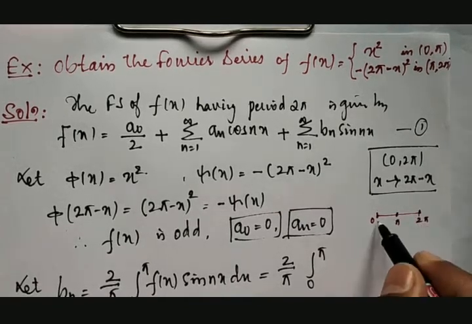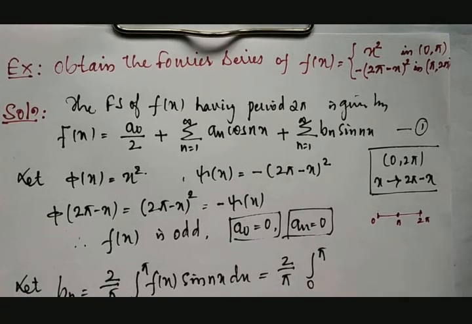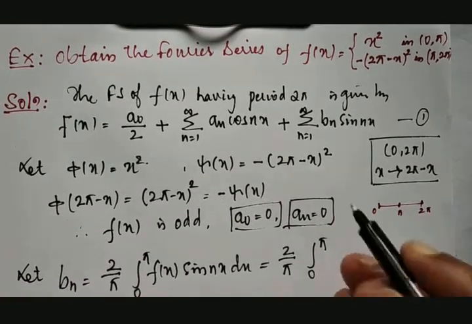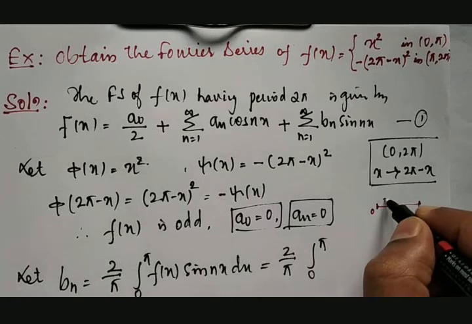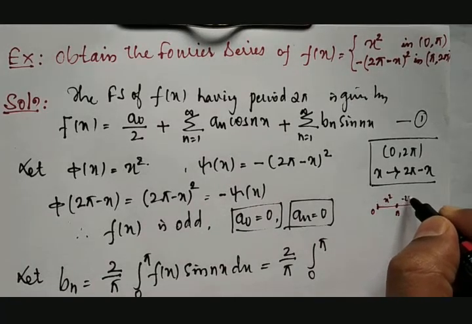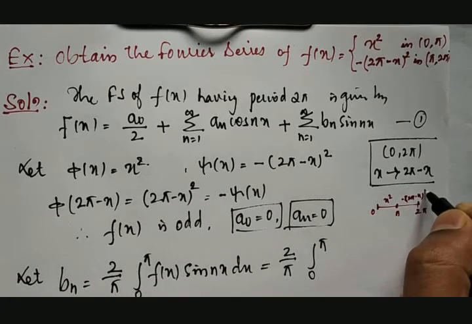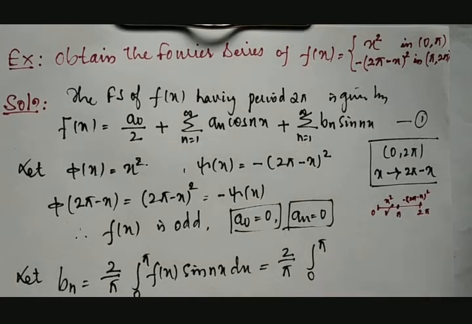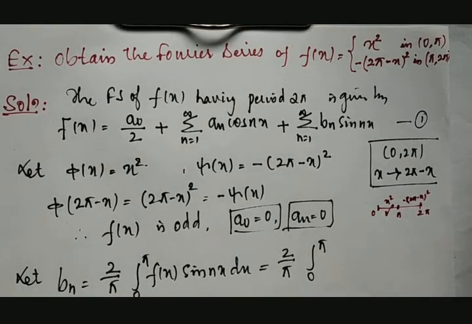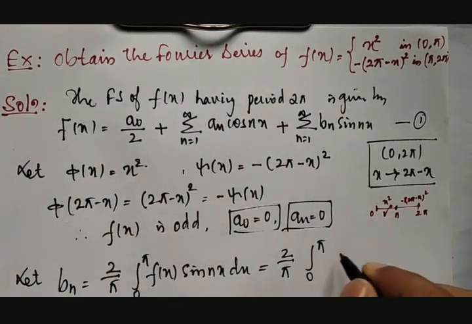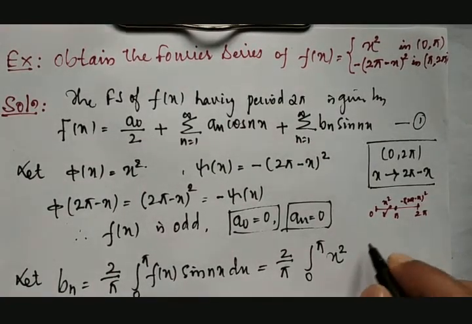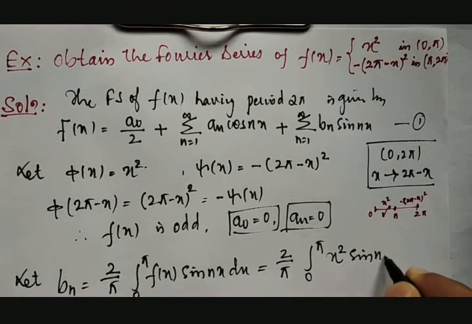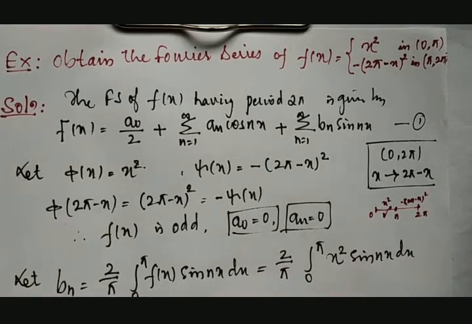One is from 0 to pi, the other one is from pi to 2 pi. But we need 0 to pi. Here it is x square. Here it is minus 2 pi minus x the square. So we need to choose this. Therefore, the function will be taken as x square, into sin nx with respect to x.